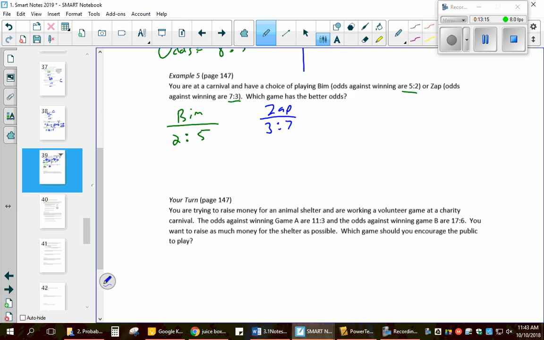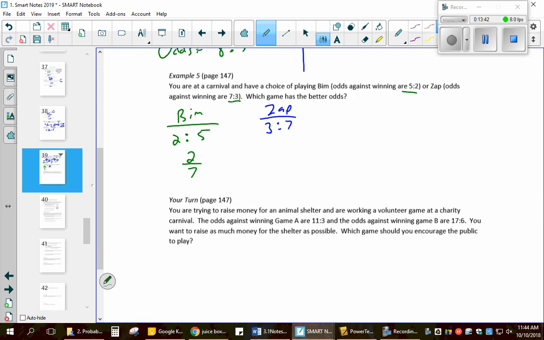All right, now you might say, okay, which of those is better, right? It gets a little bit confusing knowing which one's better. One that's a little bit less ambiguous is probability, right? If you can turn these both into probabilities, that's going to tell you which one's better. They're both a percentage. That's easy to figure out from there. So let's write this as a probability. BIM is going to be 2 over 7.